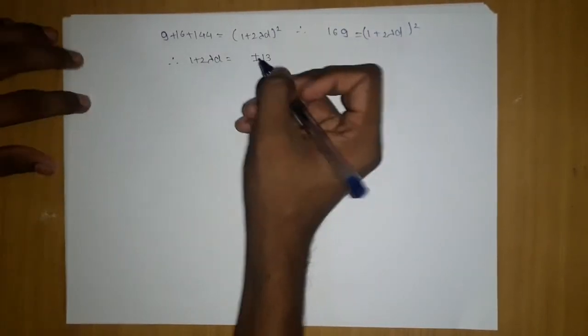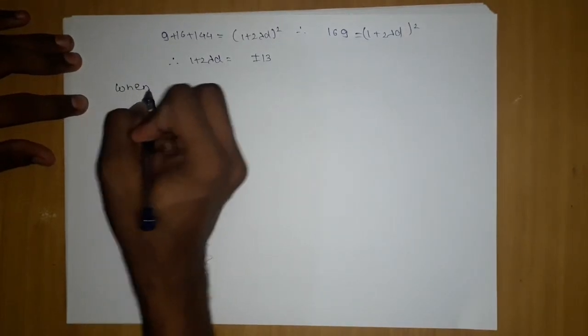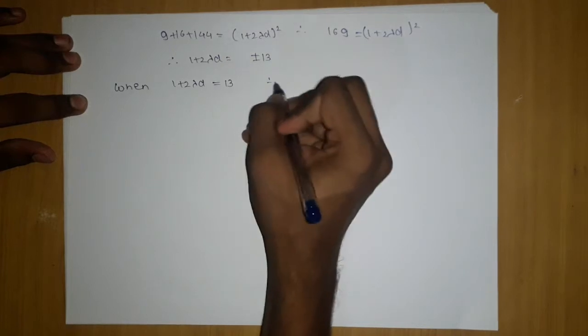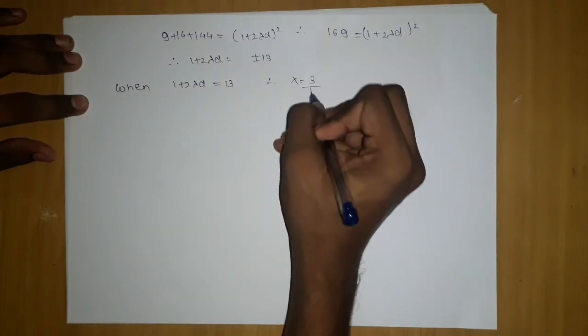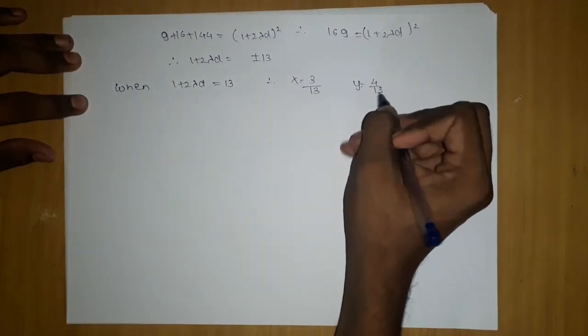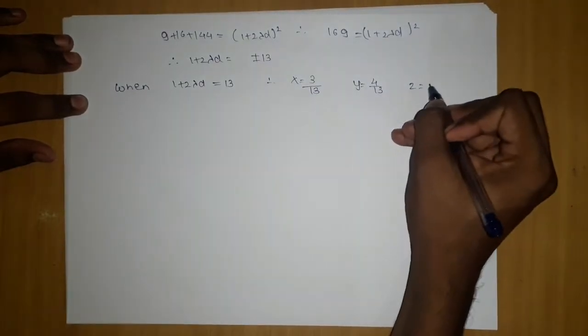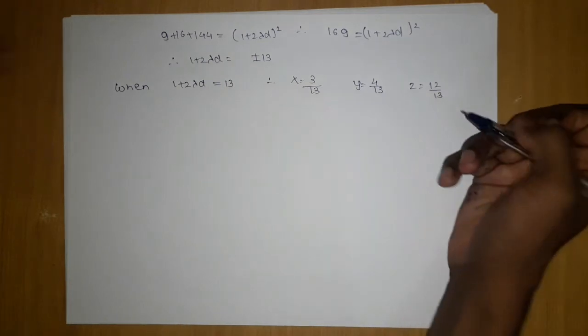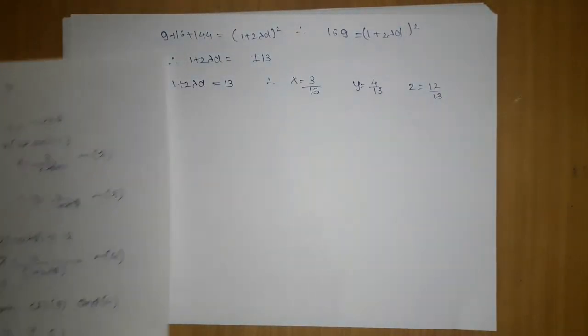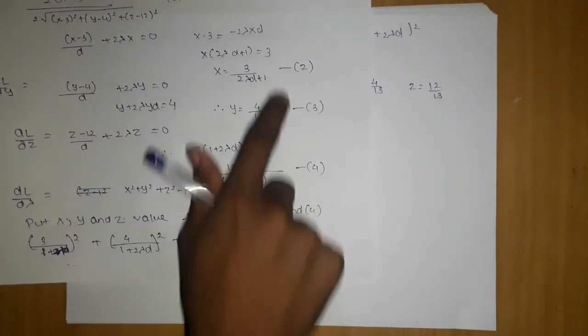So we got this: when 1 + 2λd = 13, we get x = 3/13, y = 4/13 and z = 12/13. How do you get that? Okay, I am not going to do it again and again. It is very simple. You just need to substitute all the values here.